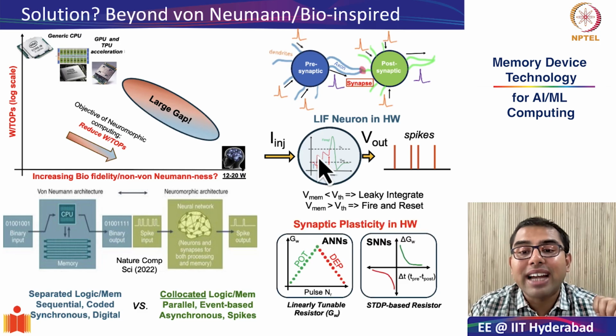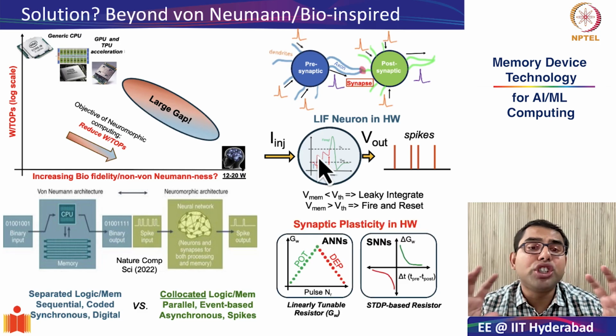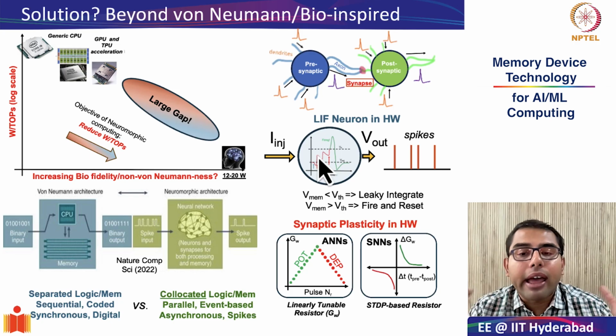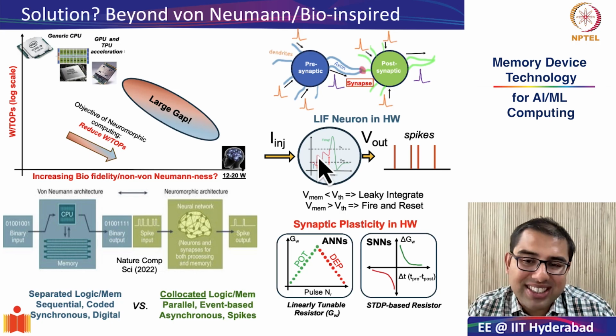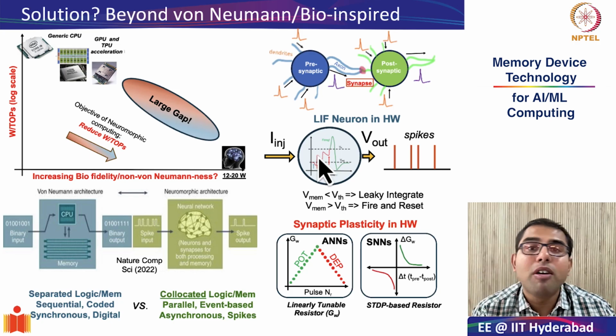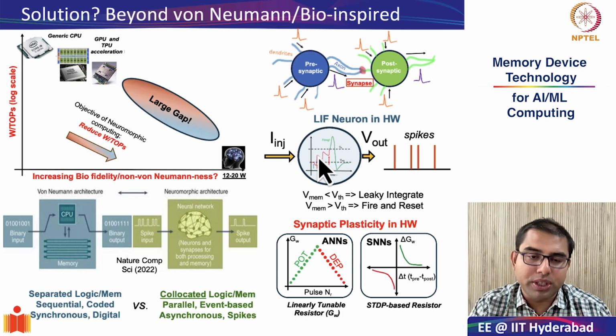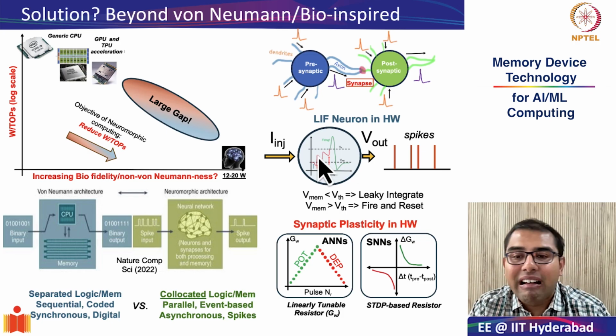Next, we looked at the most important thing, which is the basis of all biological learning and cognition, and that is your synaptic plasticity. Remember, synaptic plasticity was the ability to tune the weights of the synapse depending on a previous history of pulses.